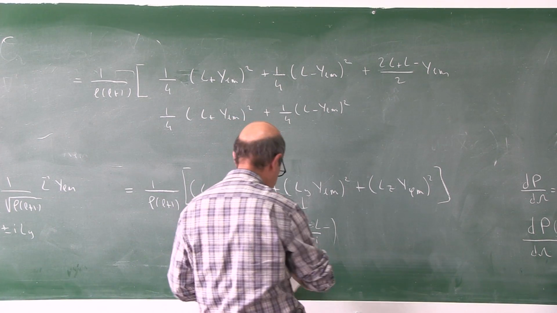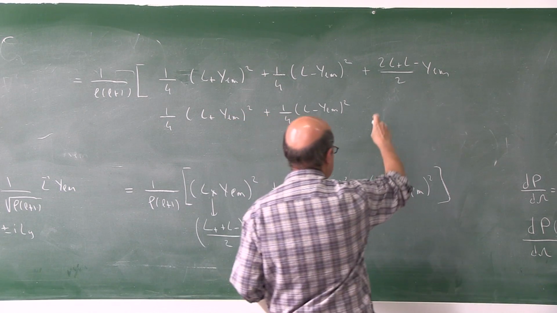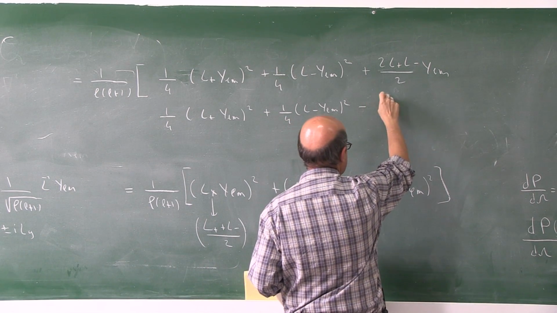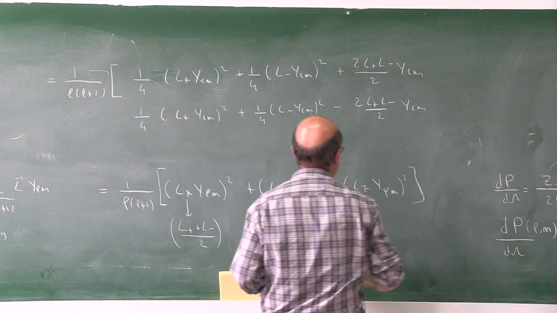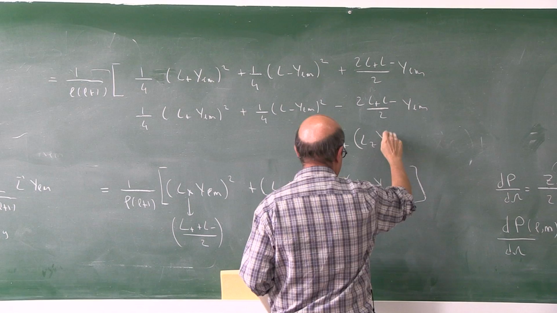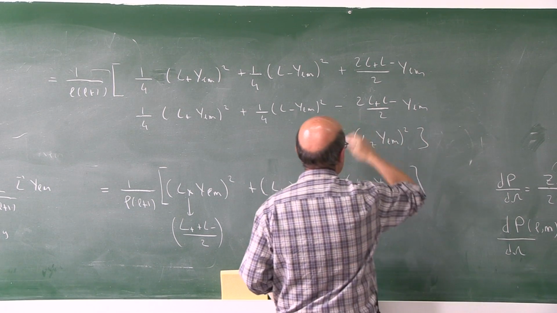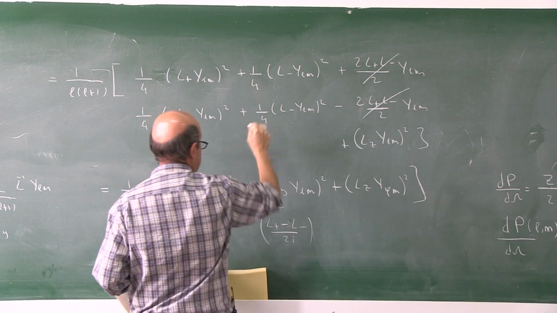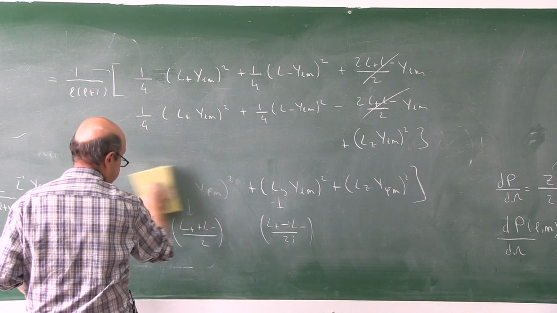So if you take the square of this term, the cross product of these two will be minus L plus L minus YLM, and the last term will be plus Lz YLM square, close the parenthesis. So basically these two terms will cancel, and these will be 1 over 2 and 1 over 2. So the bottom line will be the following.